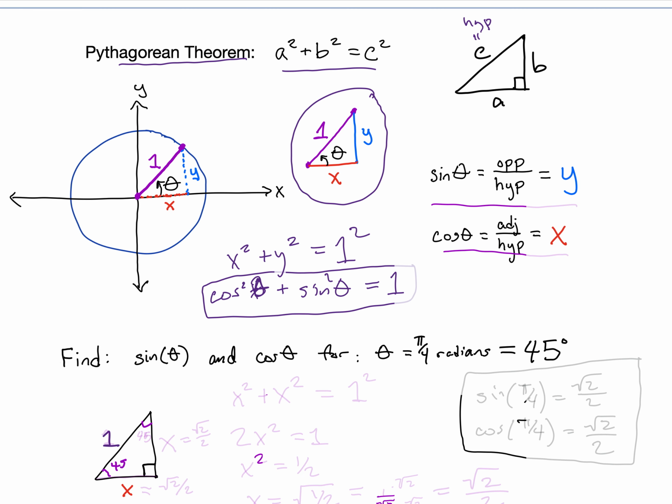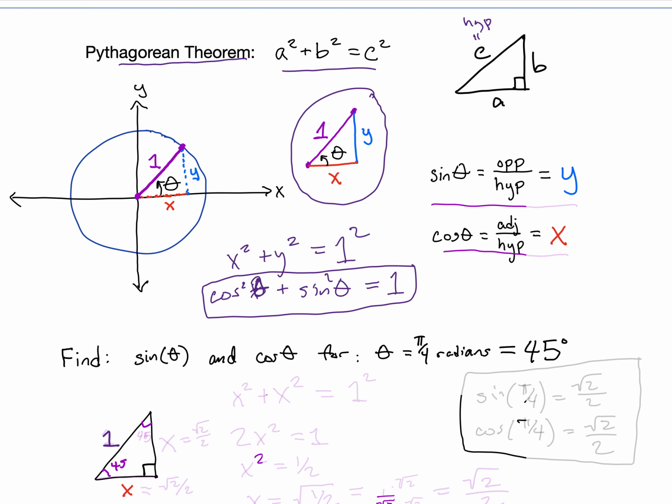And that gives us a really common trig identity right there, that the sum of cosine squared of theta plus sine squared of theta is equal to 1 for any angle theta. So that's a trig identity that we'll use at some point in the future.